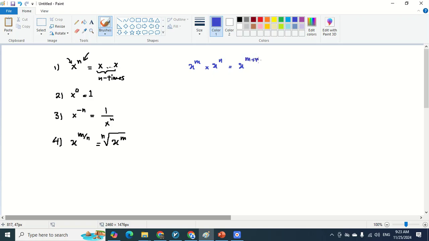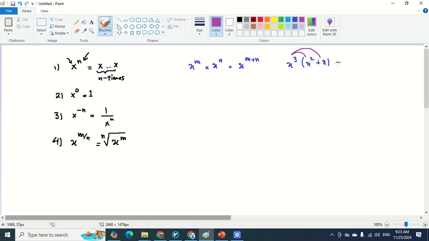So for instance, if you have an expression like x cubed multiplied by x squared plus x, then to calculate this expression you should multiply x cubed by the terms inside the expression one by one, meaning x cubed by x squared, and x cubed by x.